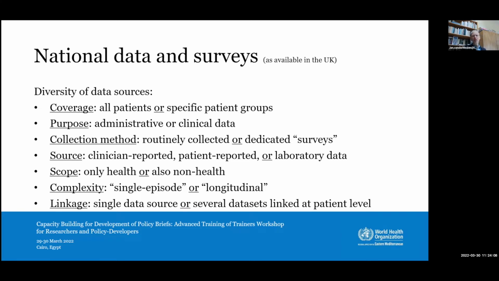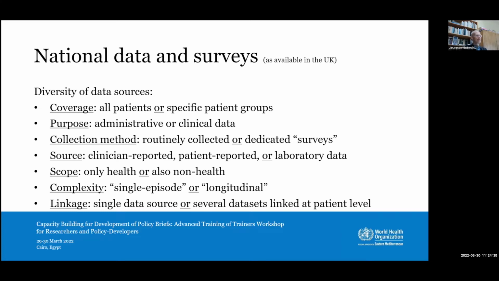Very interesting, I also think, is the scope. My team mainly uses, for instance, health data, but more and more we bring in non-health data. For example, over the last couple of years, we've looked at outcomes of children with congenital malformations, for instance, cleft lip and palate, and how they do at school.